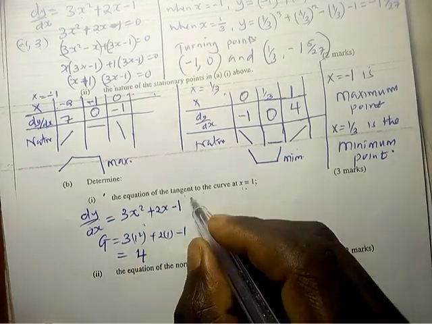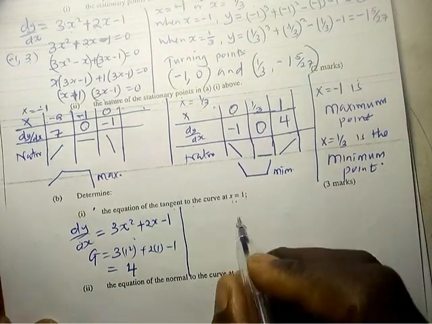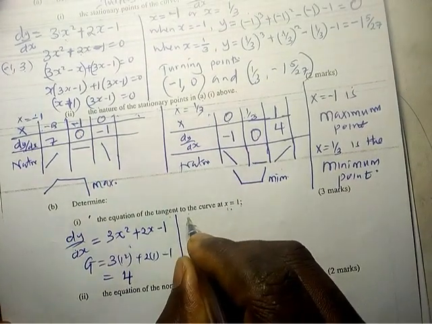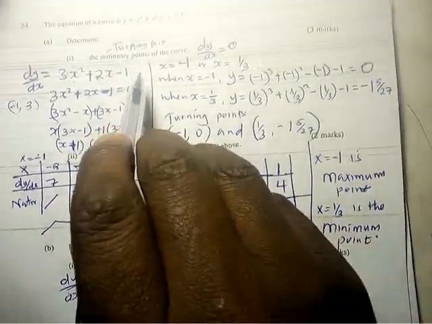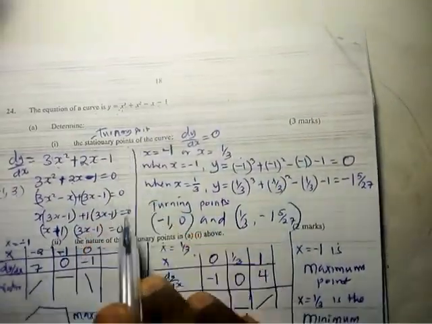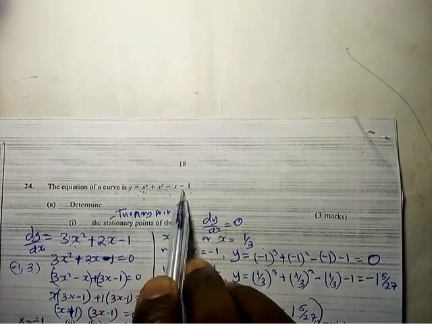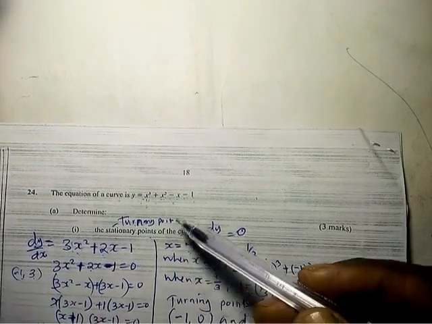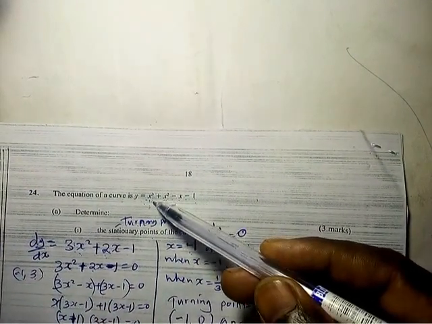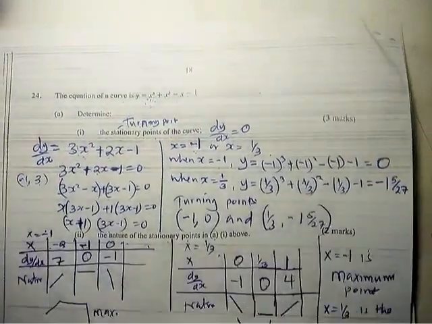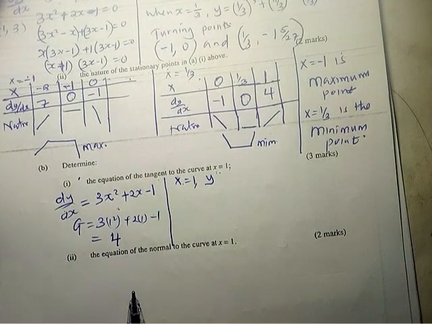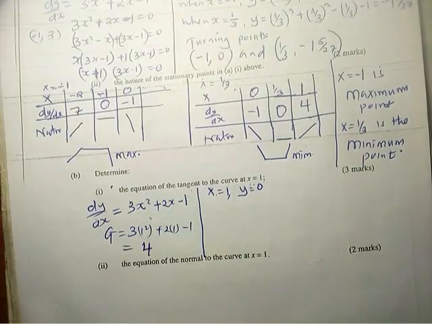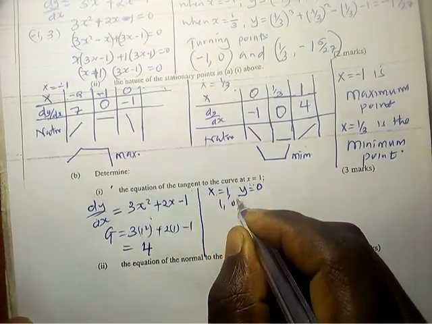The gradient is 4. So the point, we have x is equal to 1, so we will get y by substituting here. If you substitute x here with 1, y is 0. So our point is (1, 0).